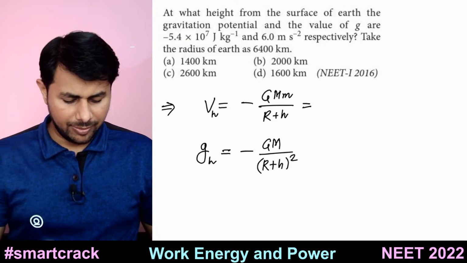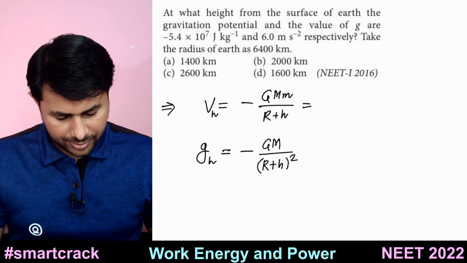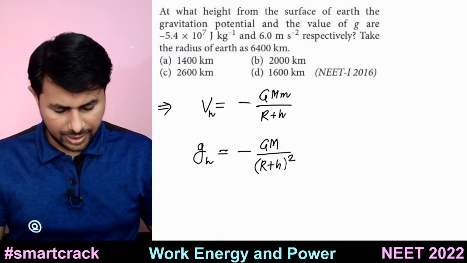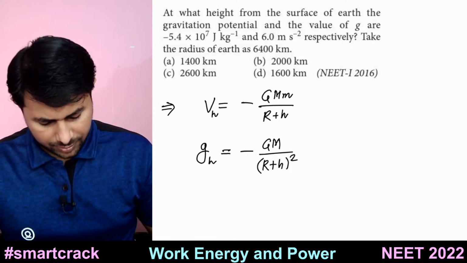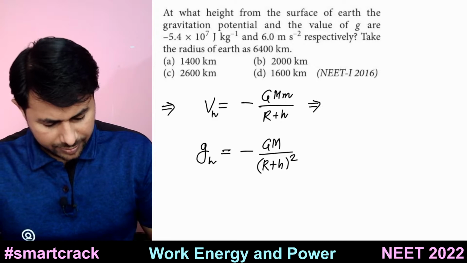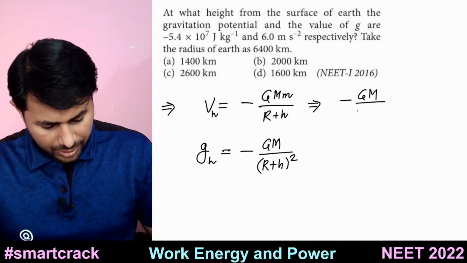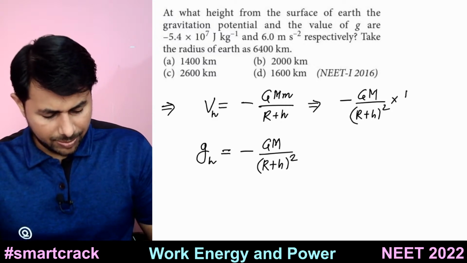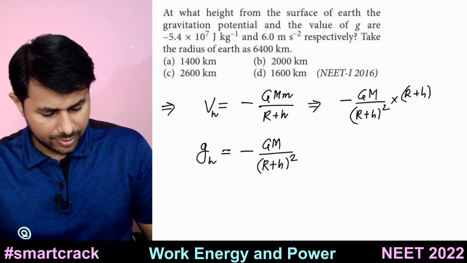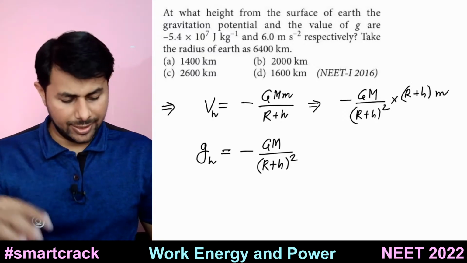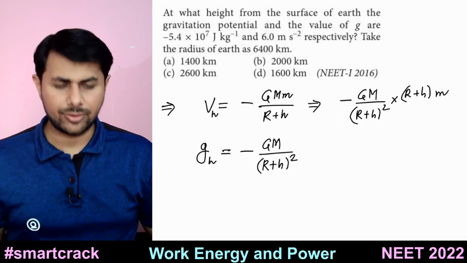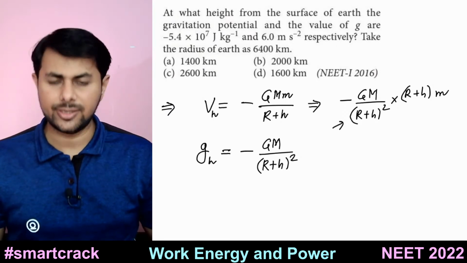I want to divide and multiply with r plus h. Here what I can do is write this as minus GM upon r plus h square into r plus h multiplied by m. So I have multiplied and divided by r plus h. Why? Because I have to substitute acceleration due to gravity in this formula.